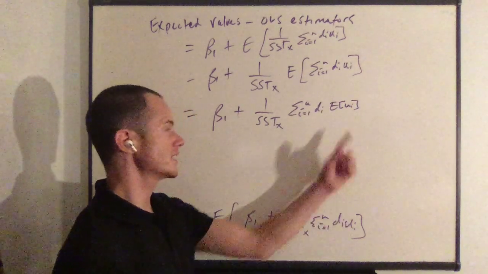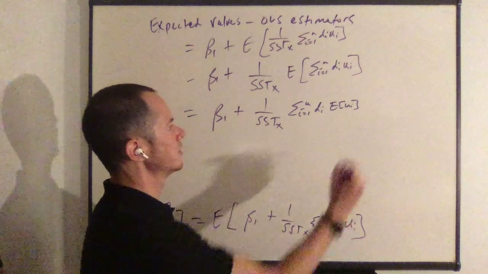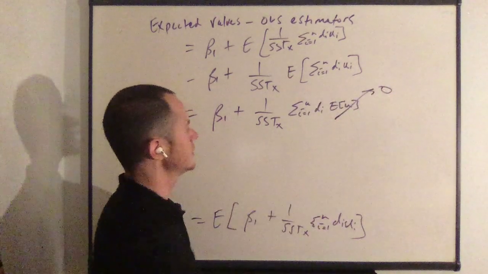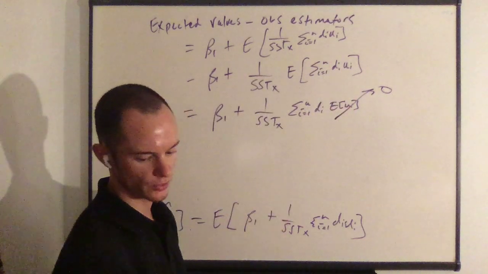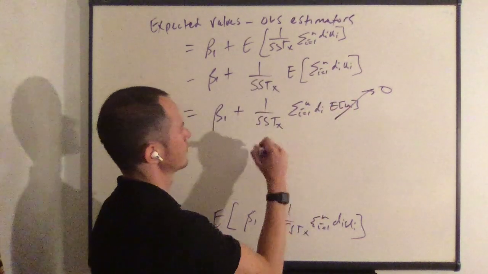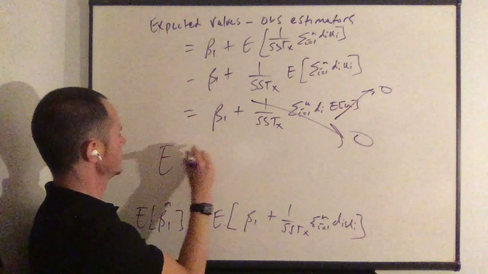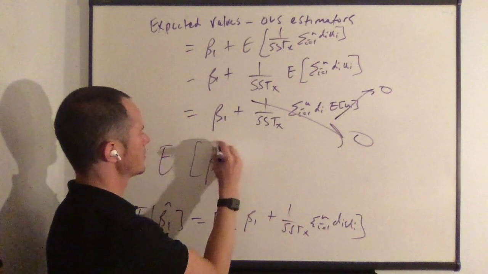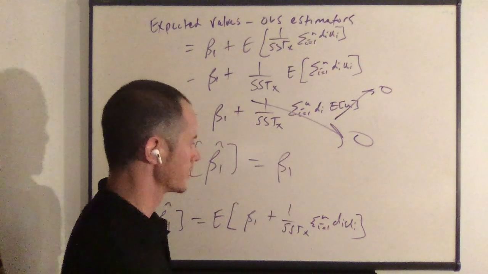Now folks, what is the expected value of u? This is 0, so this whole term goes to 0, and the expected value of beta 1 hat is equal to beta 1.